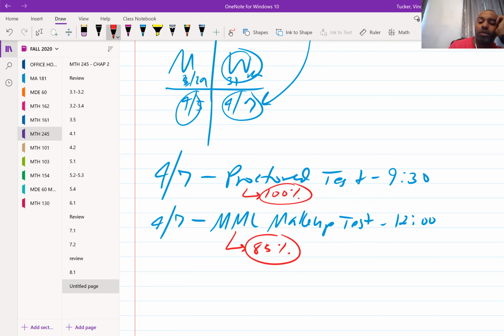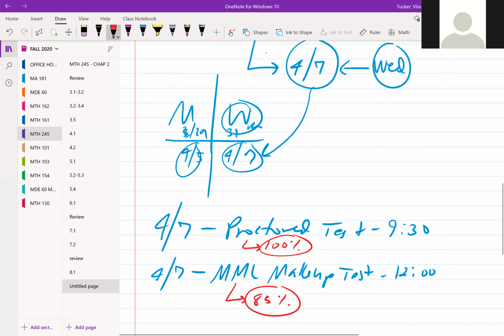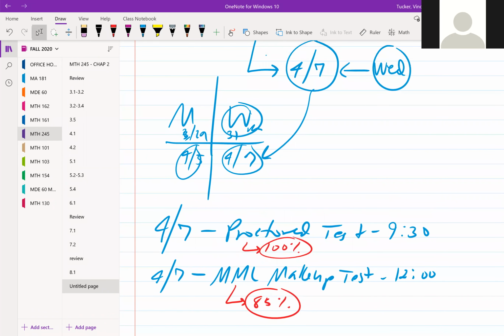If you've done everything you're supposed to do, scoring an 85 is only 5 points from an A. That will not stop you from getting the A out of the course if that's your desire. So it's a penalty, but at the same time, it really doesn't prevent you from getting the highest grade possible out of the course. Questions on anything? Questions on setup? Questions on anything I said? All right.